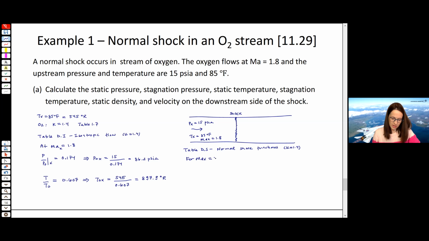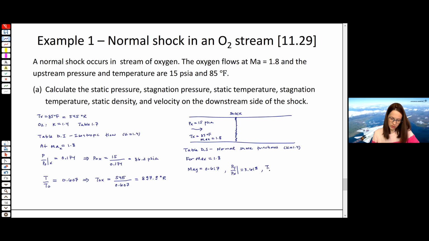Okay, now for a shock of Mach 1.8, we can immediately pick off the table that M sub Y, the downstream Mach number, is 0.617. We can write down what the ratio of static pressures is. It's 3.613.